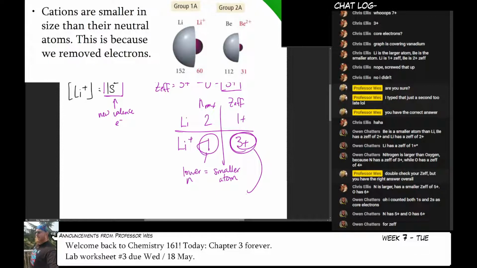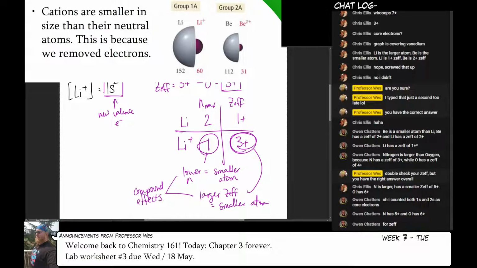And this is bigger. The effect is that both of these multiply together to make an incredibly small atom. Regular old lithium has a radius of 152 picometers. But when I remove just one electron, everything else shrinks down to 60. It's almost 2.5 times smaller.